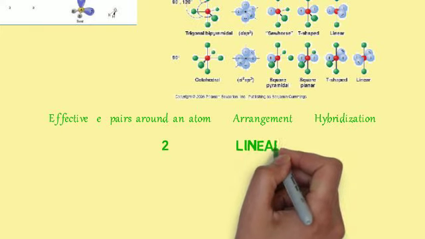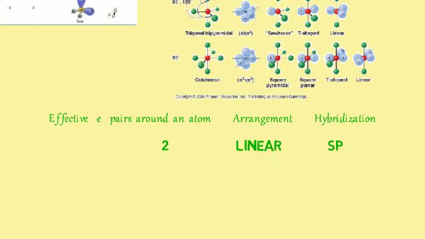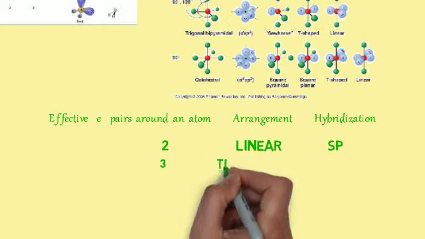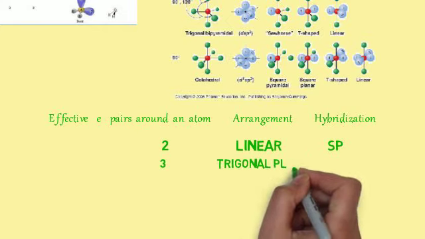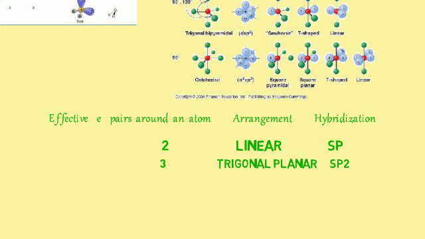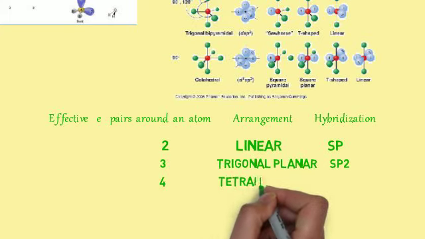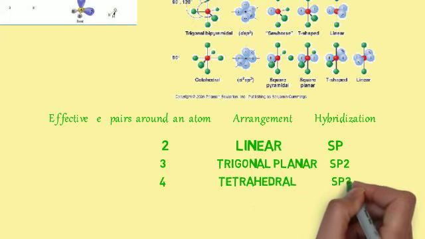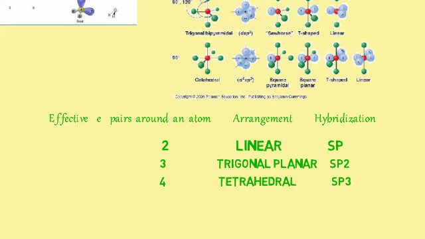If there are 2 pairs around an atom, the arrangement is linear, and that is called an sp hybridization. If there are 3 electron pairs around the atom, this is trigonal planar, and it is sp2. If there are 4 effective pairs around an atom, this is tetrahedral like methane, and that is hybridization sp3.